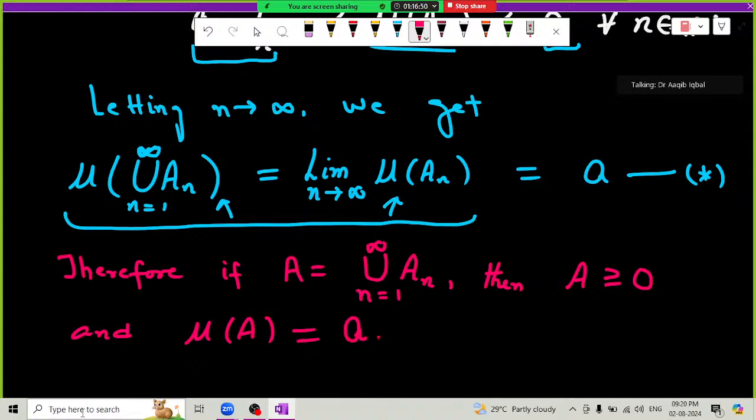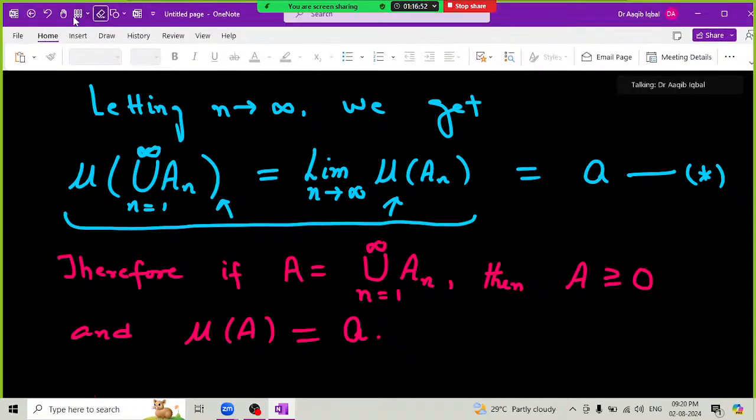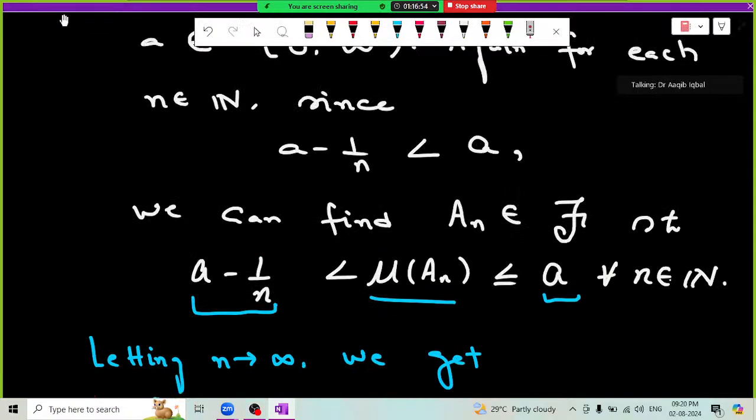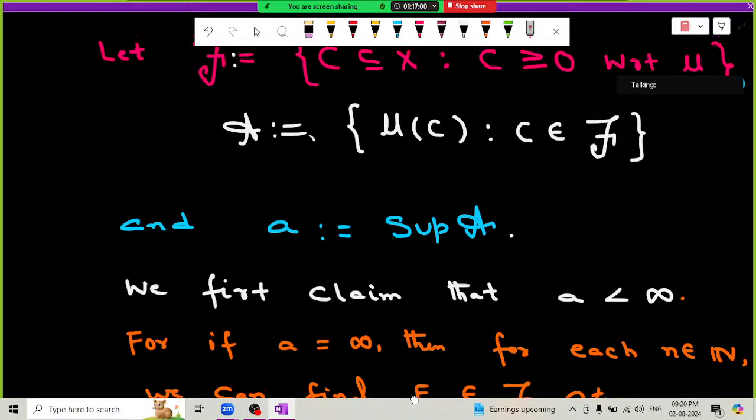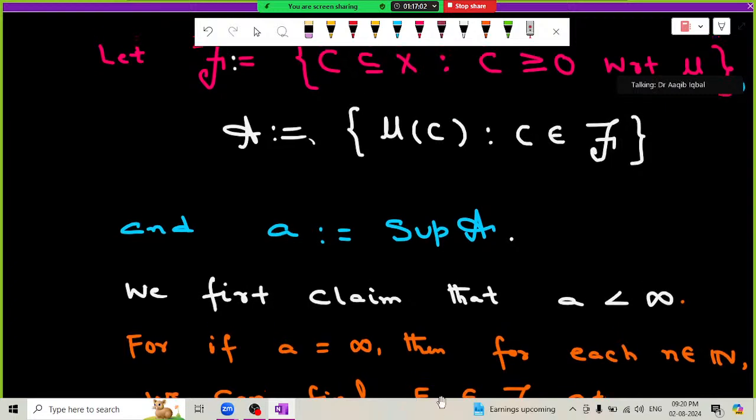Now what is little a? Little a in a way is the sup of signed measures of positive sets, because little a is sup of script a. Script a is the set of all possible signed measures of positive sets.